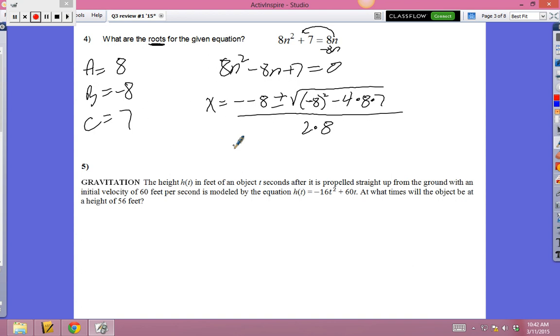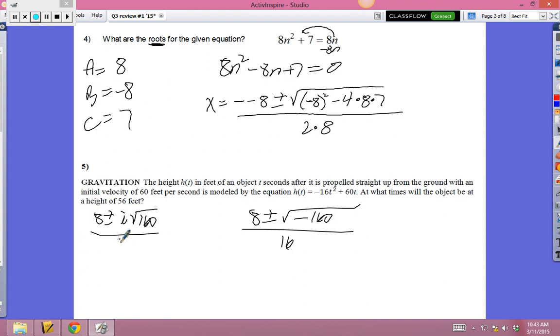Alright, 64 minus 4 times 8. So here's what we got: 8 plus or minus the square root of negative 160 all over 16. So you have to take that negative out. So it's going to be 8 plus or minus an imaginary square root of 160 all over 16.